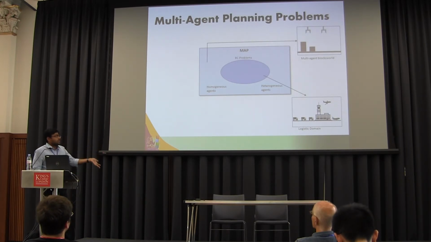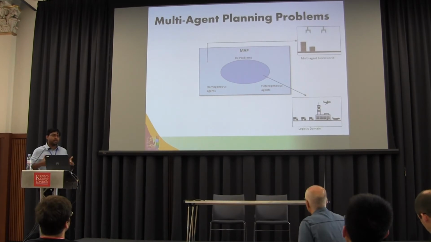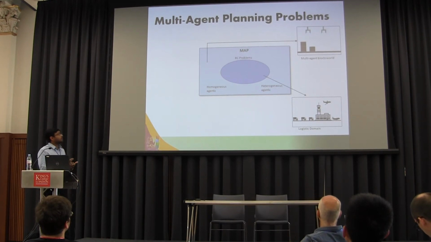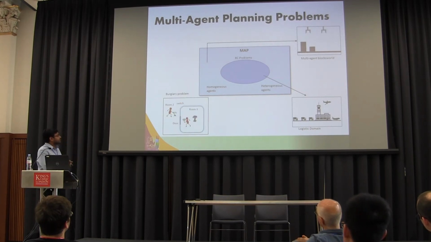If we look at the logistics domain, the reason we needed multiple agents is because we had different types of agents. So one might assume this requirement for cooperation arises from the heterogeneity of the agents within the problem. But look at a different problem, like this burglary problem, where you have agents of the same type, and the goal is to steal a diamond.